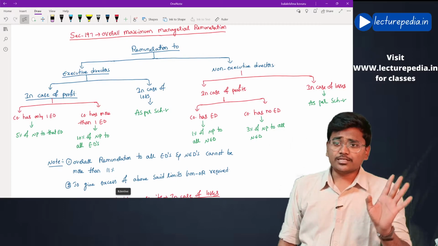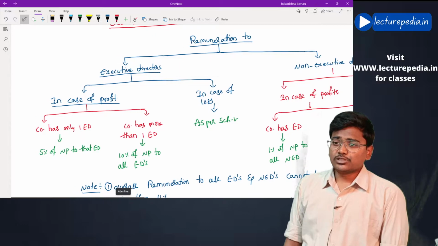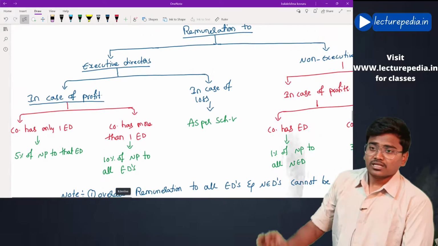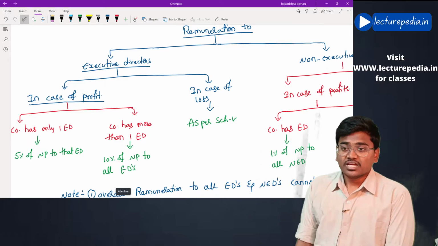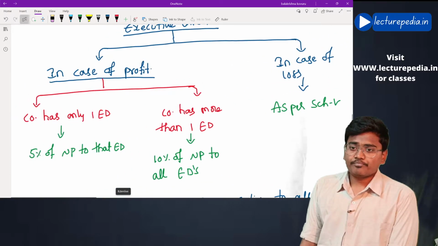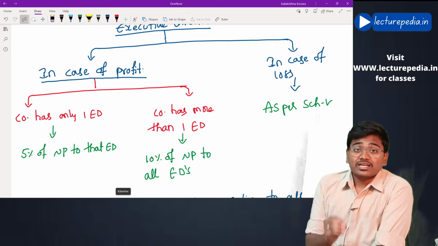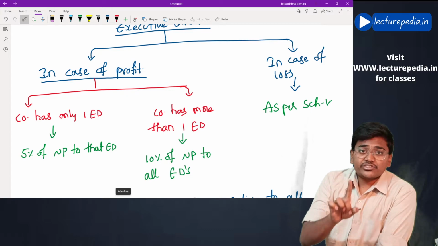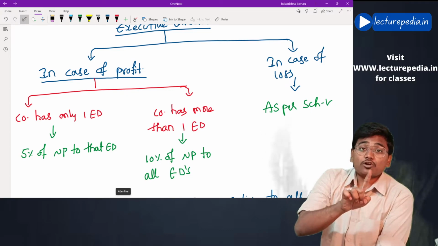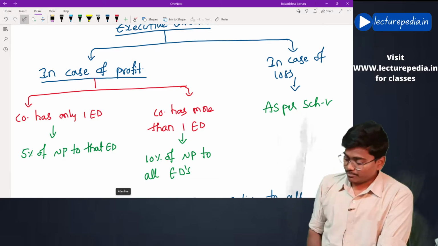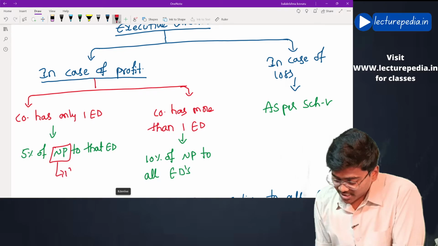First of all, we will see executive directors part, remuneration payable to executive directors. Now, this can be again further divided into 2. In case company is having profits and such company is having only one executive director, in such case maximum managerial remuneration that can be paid to such one executive director is 5% of total net profits of such company, and this net profit has to be calculated as per section number 198.